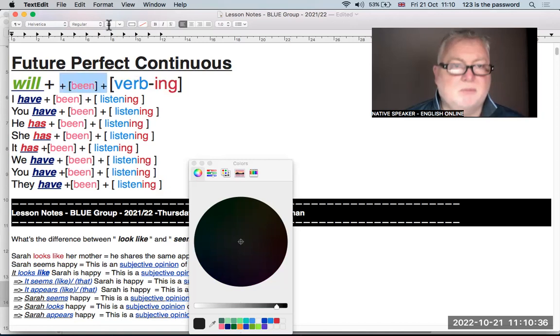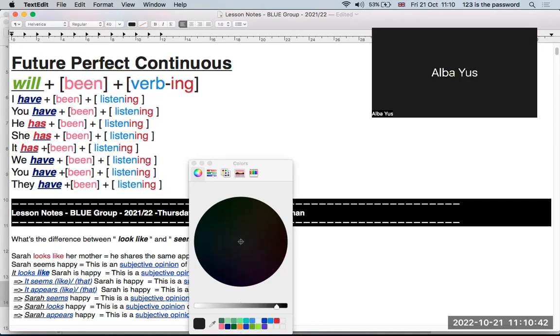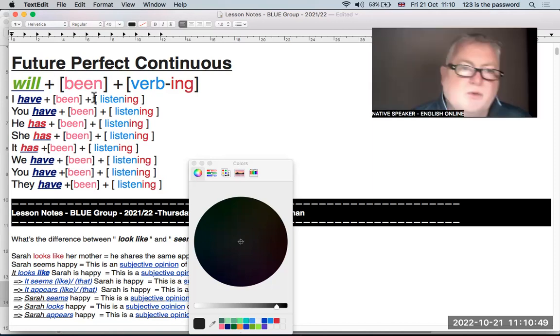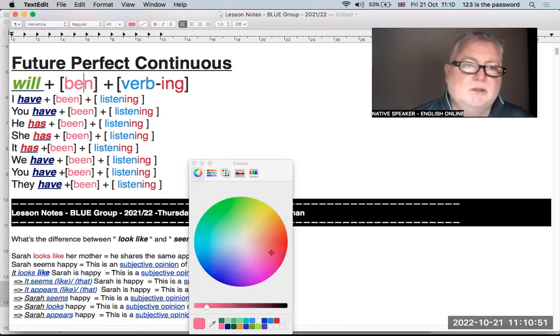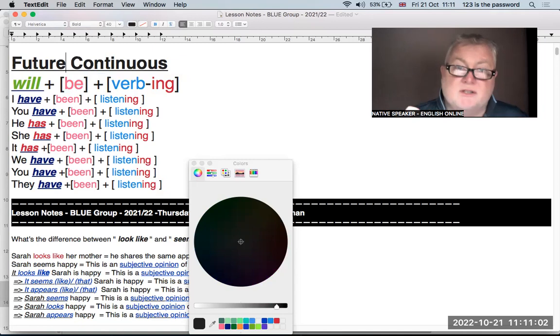So Alba thinks that's where we're going. No, will be, only be. Does everybody agree with that? That would be correct, Paula, if it was the future continuous. But we're looking for the future perfect continuous.